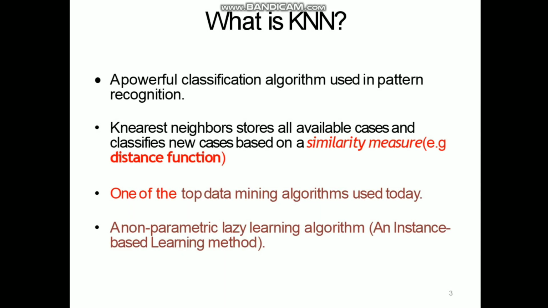So what is the K-Nearest algorithm? It is a powerful classification algorithm used to recognize patterns. K-Nearest neighbors stores all the cases and classifies a new case based on similarity measures. One of the top data mining algorithms used nowadays is the K-Nearest algorithm. It is a non-parametric lazy algorithm.